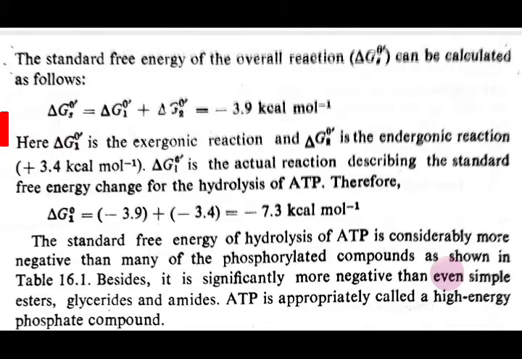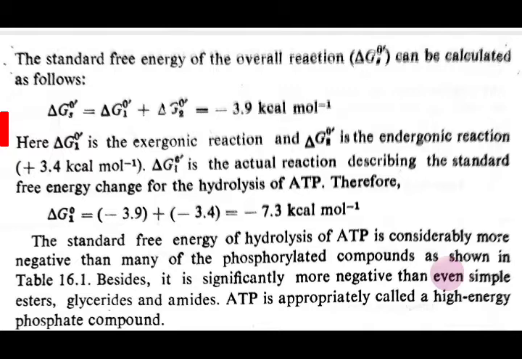Delta G1 is the actual reaction describing the standard free energy change for hydrolysis of ATP. Therefore, delta G is equal to minus 3.9 plus minus 3.4, or adding the values of these two, this will give us minus 7.3 kilocalories per mole.